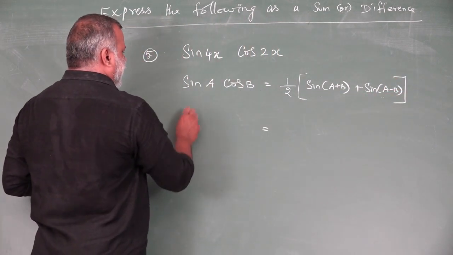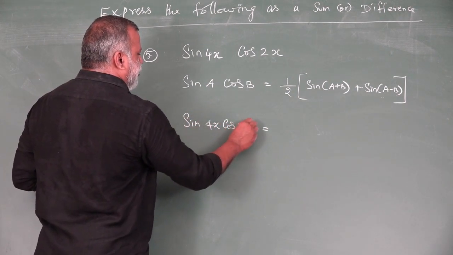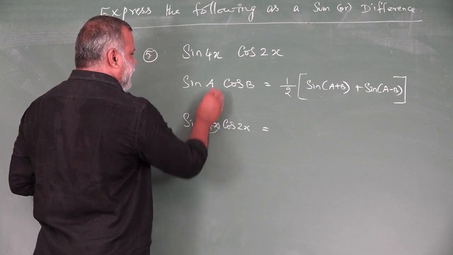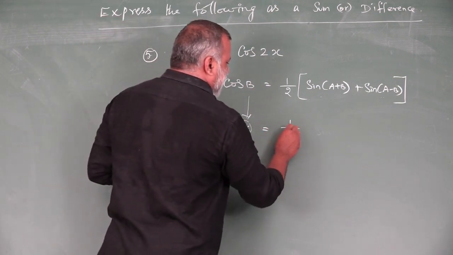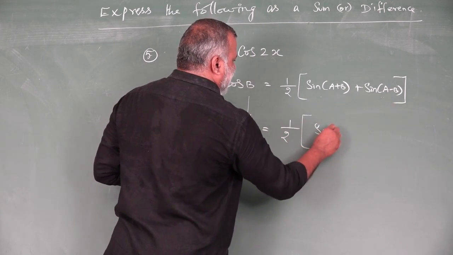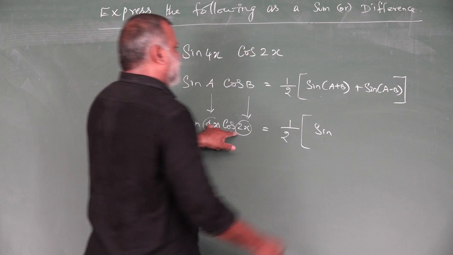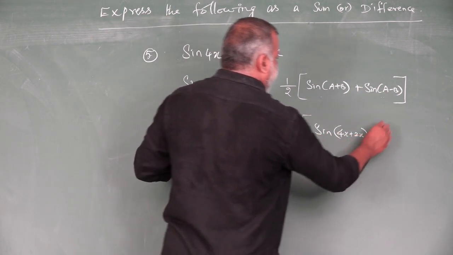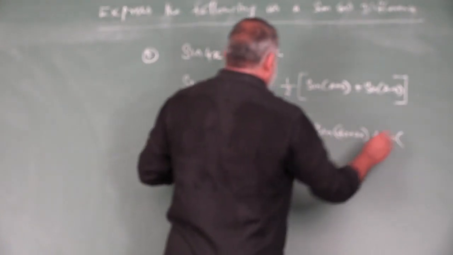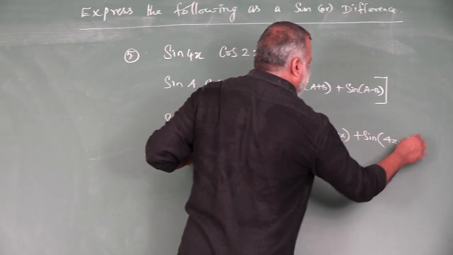Now sine A is replaced by 4x, cos B is replaced by 2x. This is A, then this is equal to B. Now you can get half into sine of A plus B. Just add the two values, 4x plus 2x, again plus sine of 4x minus 2x.